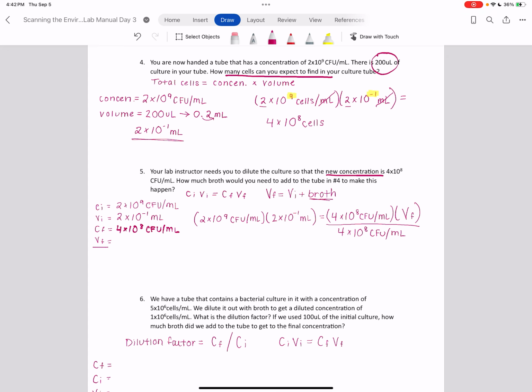But anything that we do to one side of the equation, we have to do to both sides. So over on this side, I'm going to do the same thing to keep everything even. Now we can cancel out our 4 times 10 to the 8th CFU on the right-hand side, and this leaves us with 2 times 10 to the 9th times 2 times 10 to the negative first divided by 4 times 10 to the 8th. This is all equal to our VF.